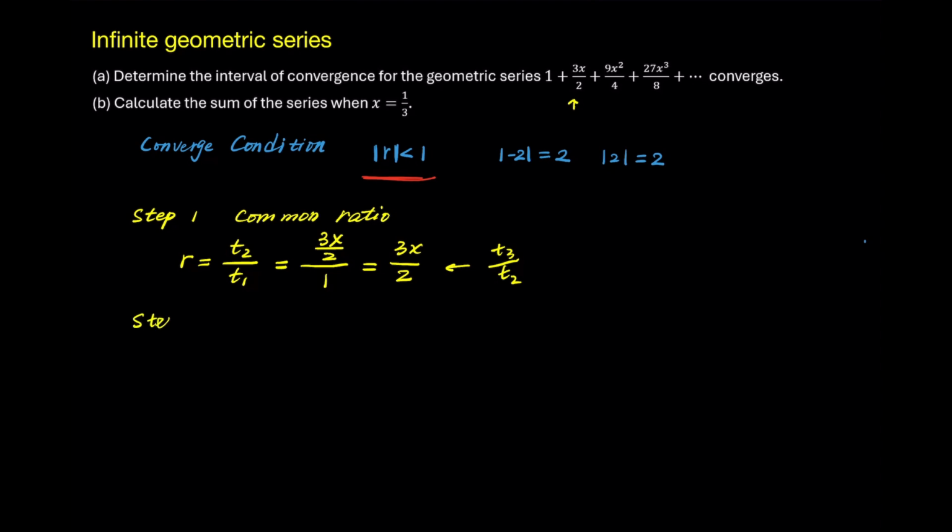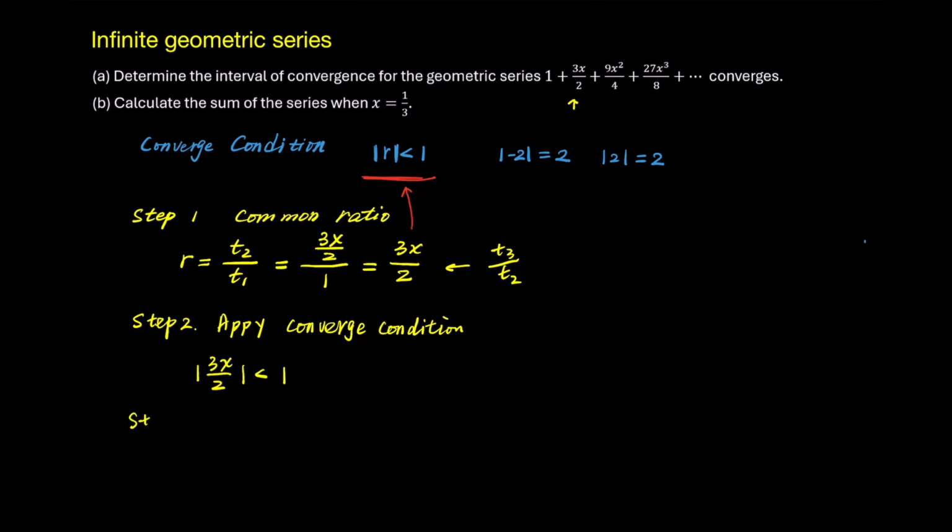Now, once we have the common ratio, we can apply the converge condition. So step 2 is to apply the converge condition. We'll substitute the value of r into this inequality. Then we get the absolute value of 3x over 2 is less than 1.